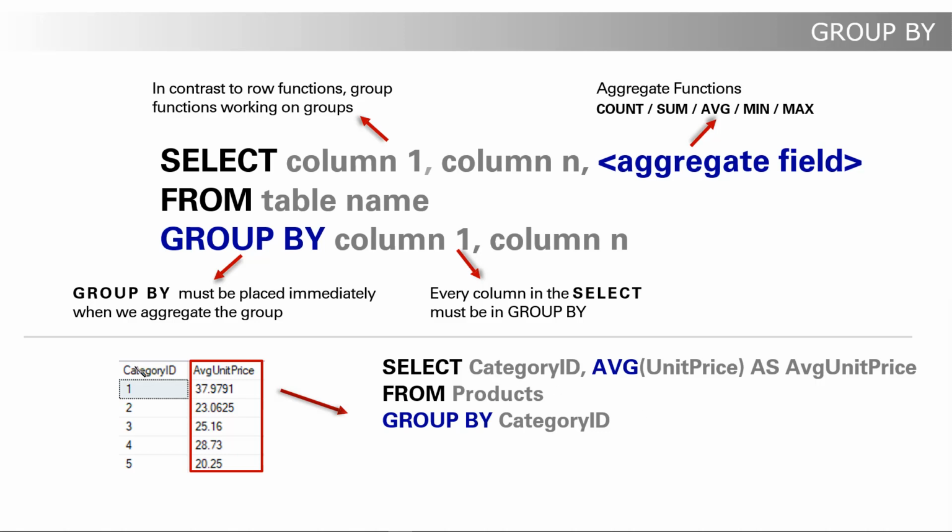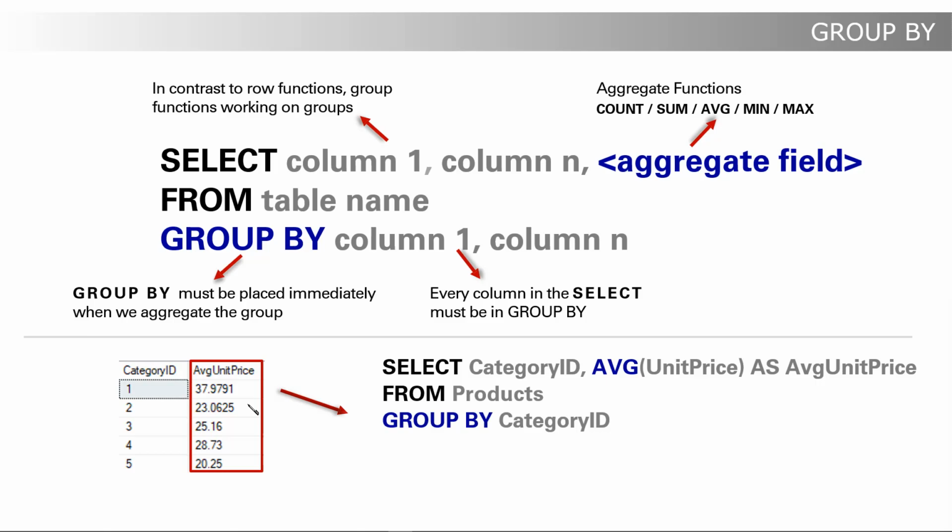So we get the category ID, the column that we are grouping it by, 1, 2, 3, 4, 5, and after that we use the aggregate field average. The 37 is the average of all the unit prices of category 1.